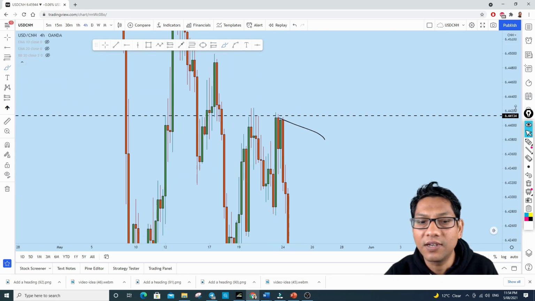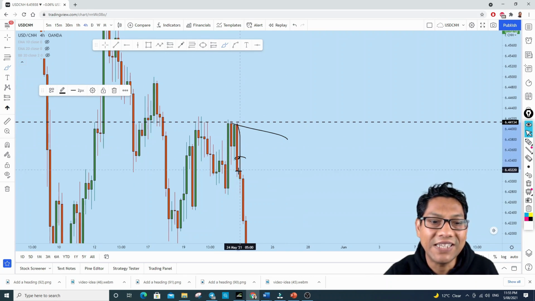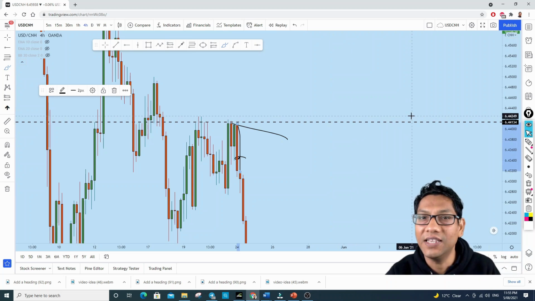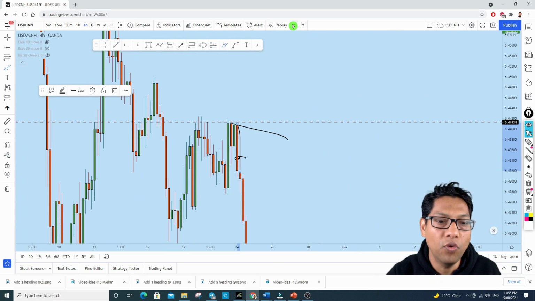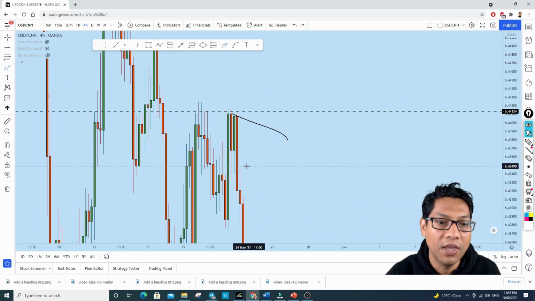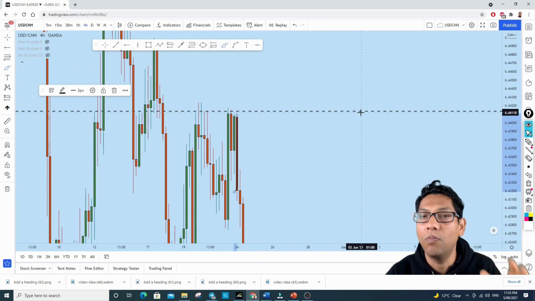Now what is the third criteria? That this candle, the rightmost candle, must be standing out from the rest of the candles. And what do you see? That this criteria is also fulfilled, that this candle is standing out from the rest of the candles. It is clearly separated from all the candles.